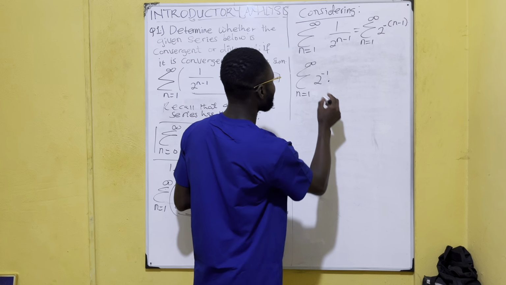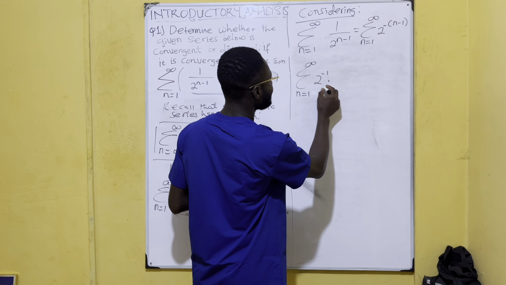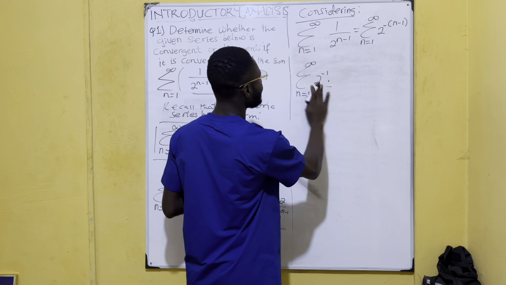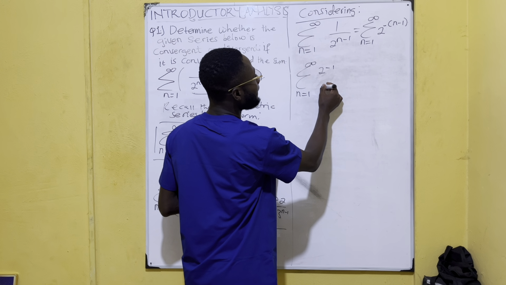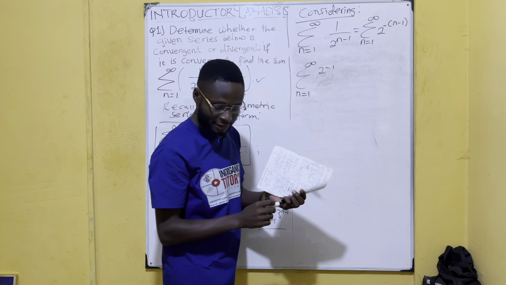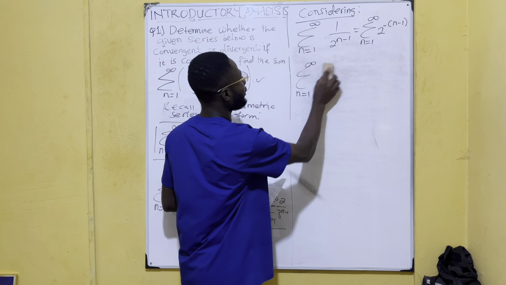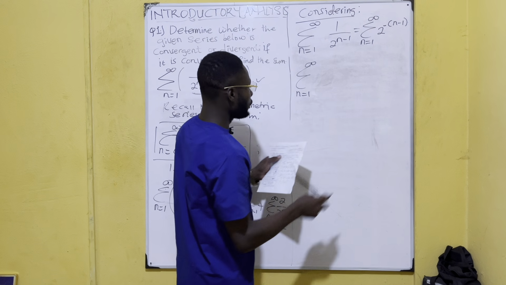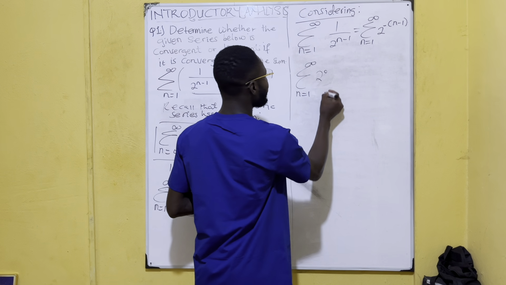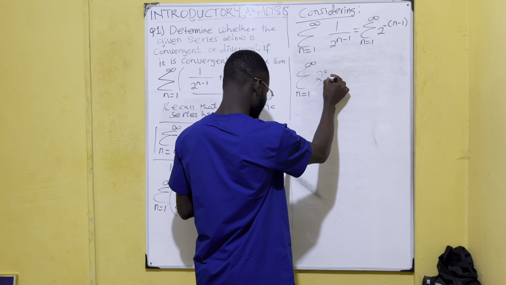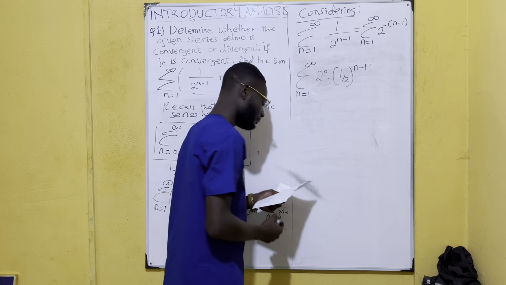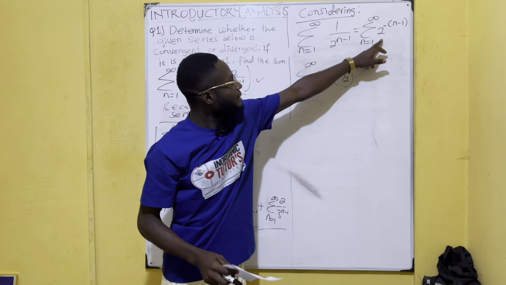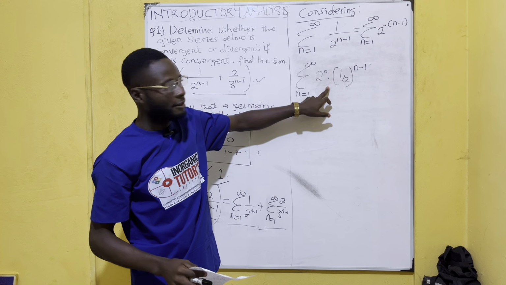So we have 2 to the power 0 times half to the power n minus 1.